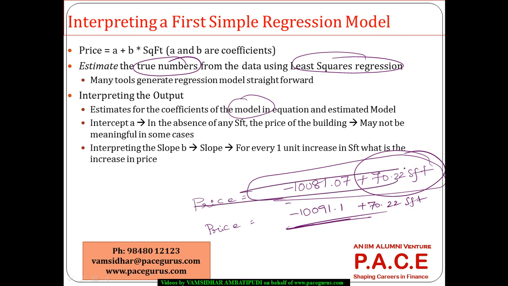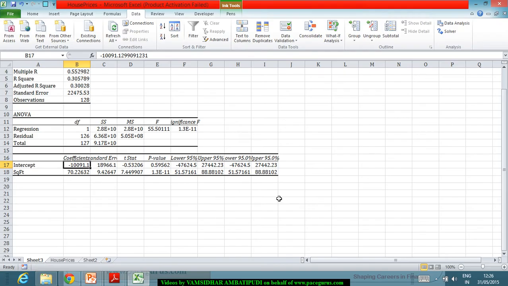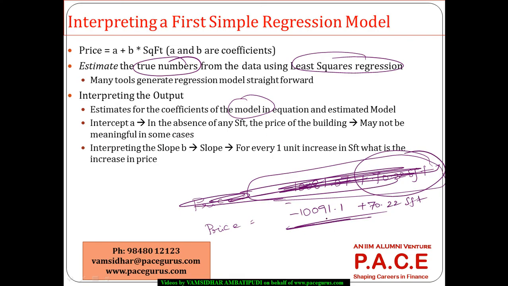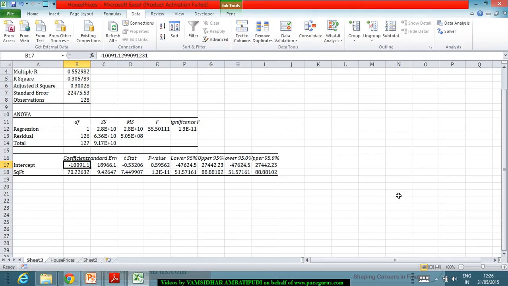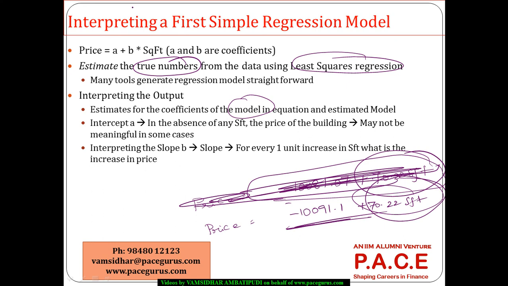What it is simply saying is, for a 0 square foot house, the price is minus 10,000. It may or may not make any sense. It may not be meaningful in some cases, whereas in some cases I can probably derive useful information out of it.